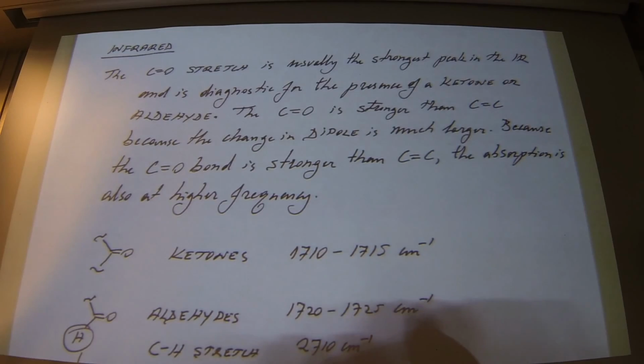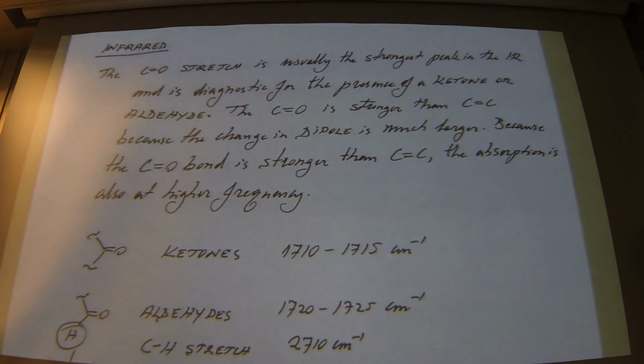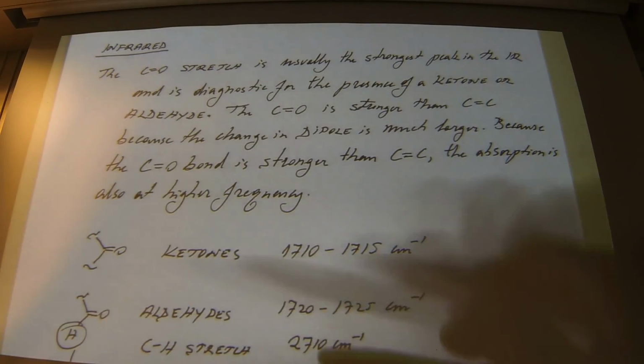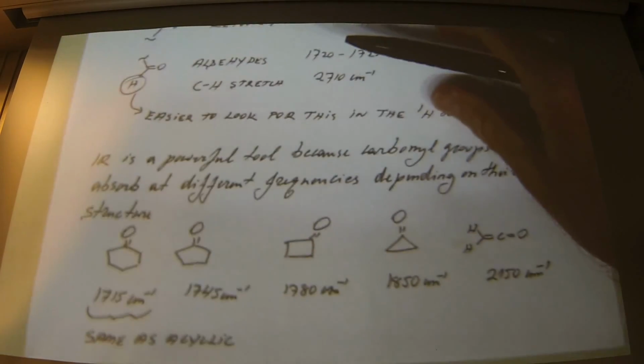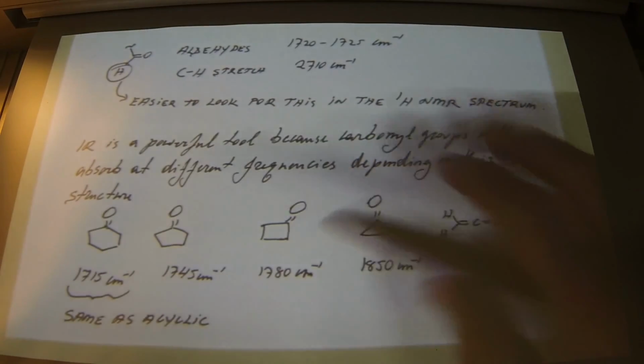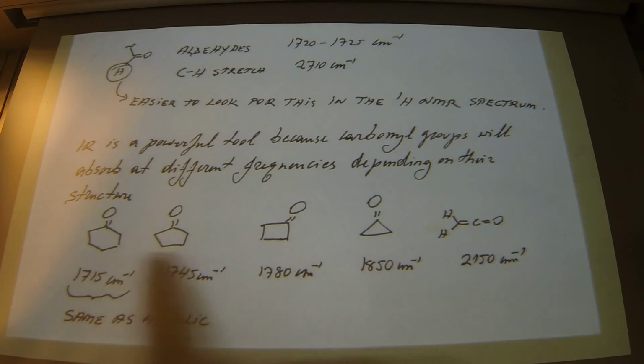We talked a bit about spectroscopy, and one of the things that we said was that the infrared was going to be particularly useful for us because the carbonyl group is the strongest signal in the IR, but also because you can tell an awful lot about the structure of the carbonyl compound just by looking at the frequency of the IR. So there's the sequence of cyclic ketones, which shows you that you can identify what cyclic ketone you have just by the IR spectrum with nothing else.